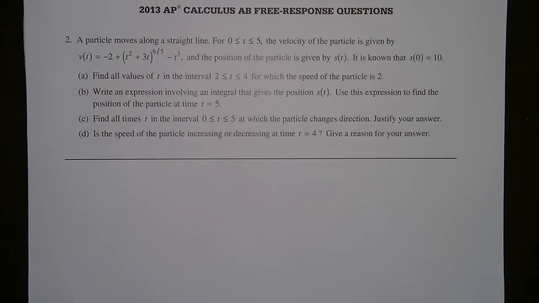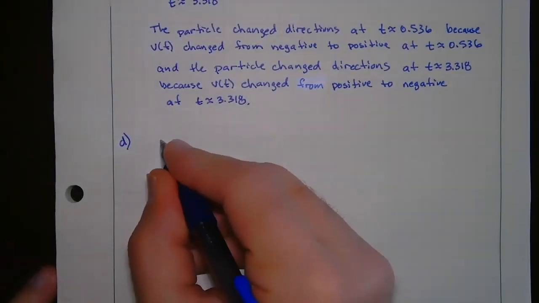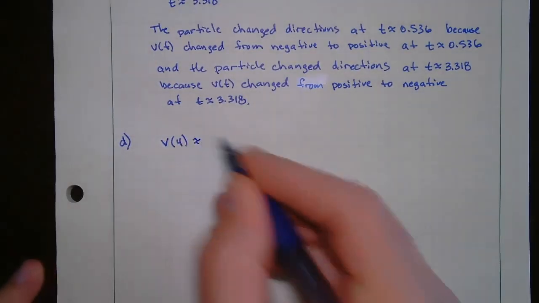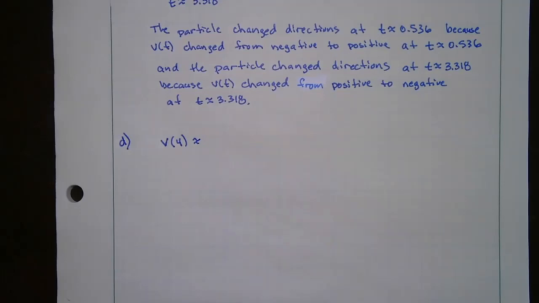So let's go to the page, and we'll do the write-up, and then we'll figure out the values on the calculator. What we're going to have to find is v of 4, so we're going to need to put 4 into the velocity function that they gave us.